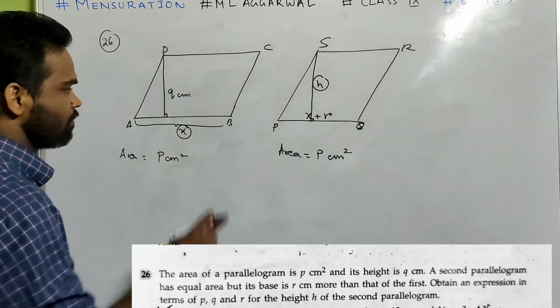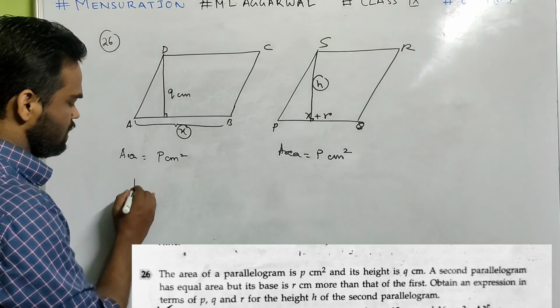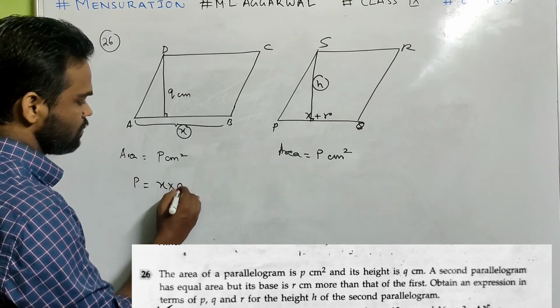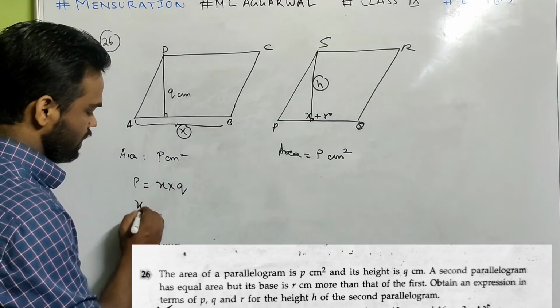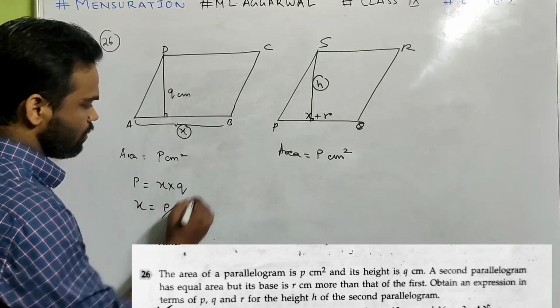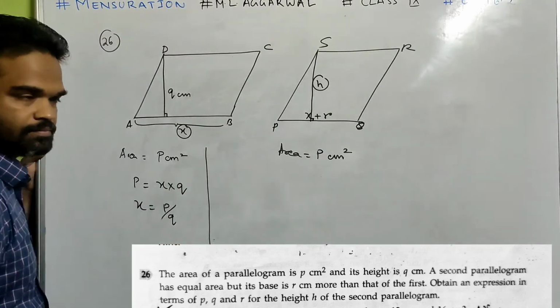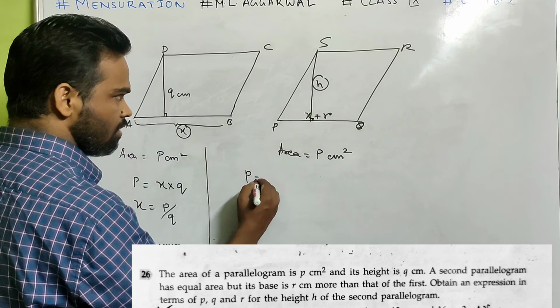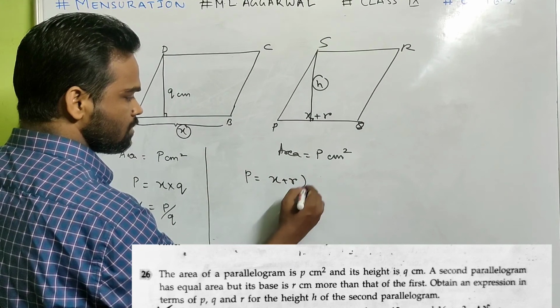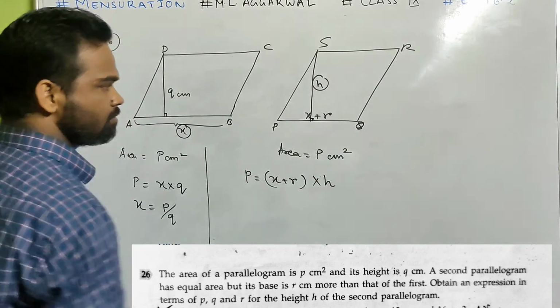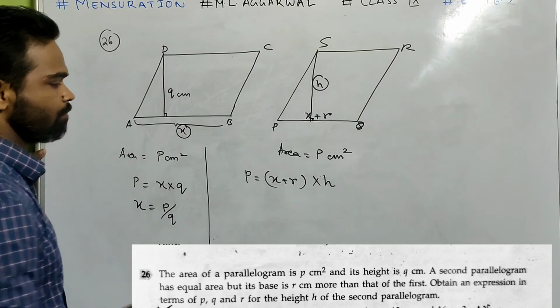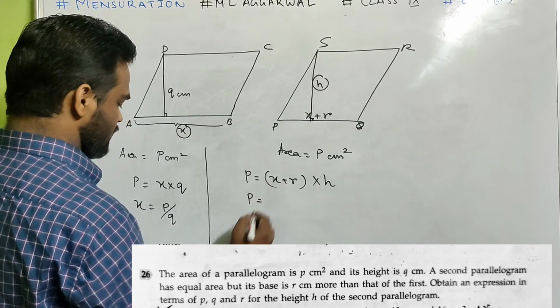Not X, be careful. Now in this case, area equals base into height. So X will be P by Q. No doubt in this. Over here, area will be base into height. Yes or no? Now P equals X is what?